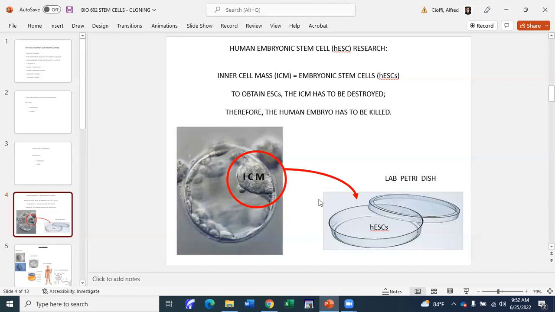Hypothetically, if it were possible to obtain human embryonic stem cells without significantly damaging the human blastocyst, then we would revisit the issue of its ethical use, all right?